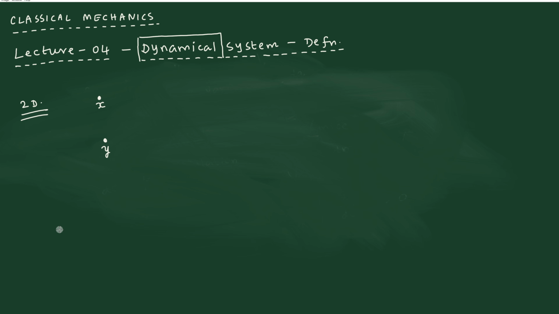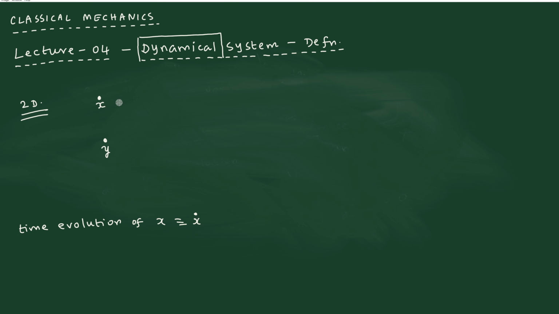So I will be having the time evolution, we can either say time variation or time evolution. Time evolution is a better word. Time evolution of x is what is represented by x dot, and similarly, you have y dot.